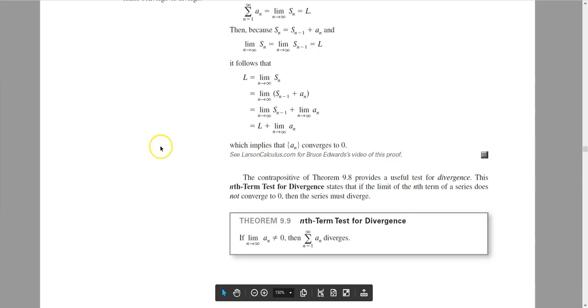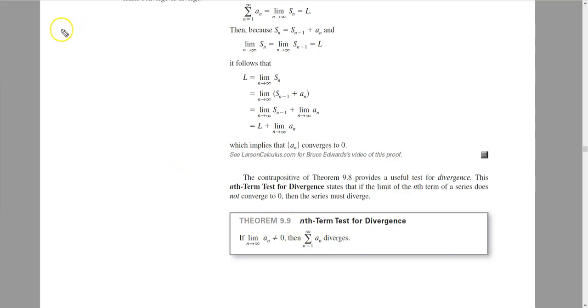So here's Theorem 9.9, and it's just a different way of writing Theorem 9.8. So it says if the limit as n goes to infinity of the Ans does not equal 0, then your series could not have converged, so it must diverge. That's called the contrapositive of Theorem 9.8.